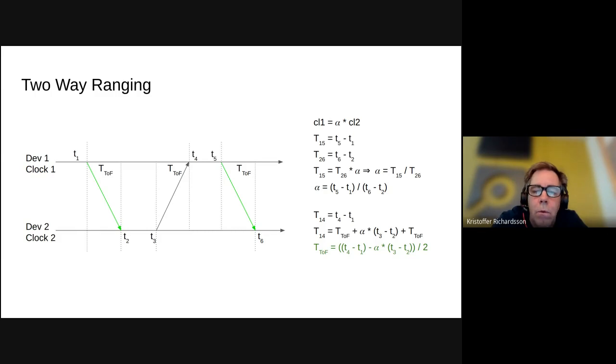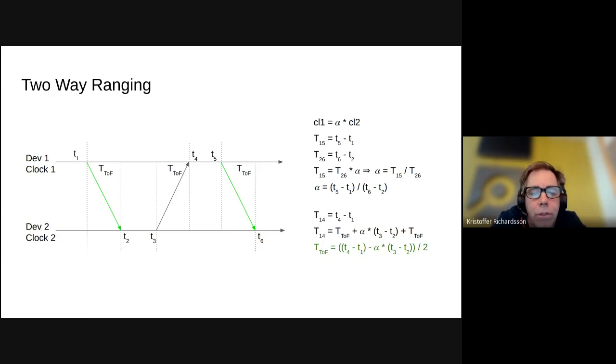So now we know the relation of frequencies for the clocks in the two devices, the alpha. And now it's possible to calculate the time of flight. So for instance, the time T1 to T4, that is, the Crazyflie sends a packet, and after a while, another packet is sent back.